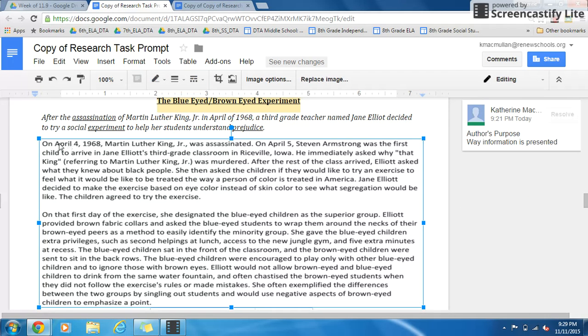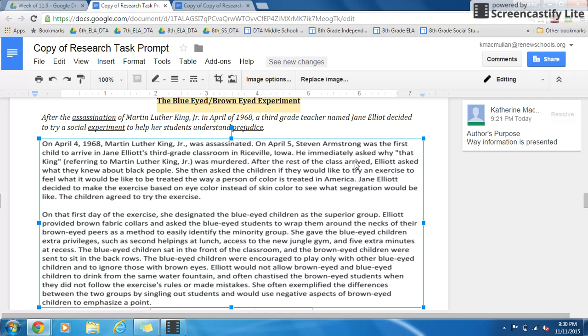annotations on your own. On April 4th, 1968, Martin Luther King Jr. was assassinated. On April 5th, Stephen Armstrong was the first child to arrive in Jane Elliott's third grade classroom in Riceville, Iowa. He immediately asked why that king, referring to Martin Luther King Jr., was murdered.